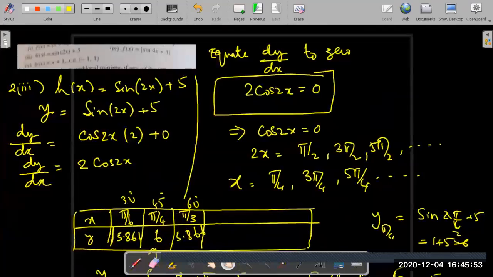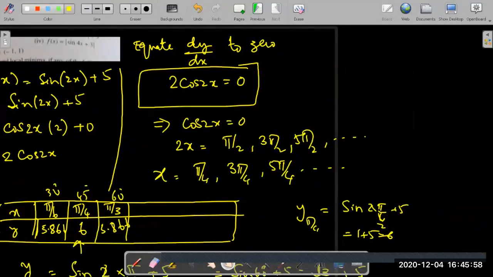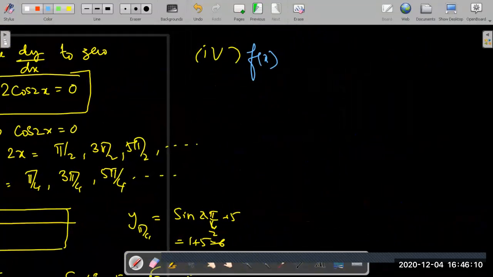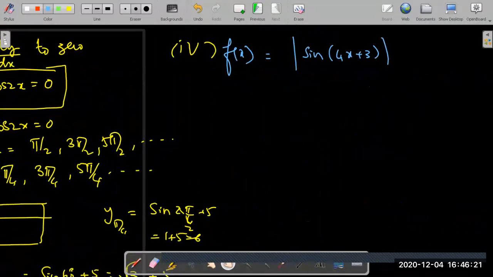The next part is f of x equals mod of sine 4x plus 3, so everything is inside the mod. I think I wrote it correctly. We'll say y is equal to sine 4x plus 3, and we square it.